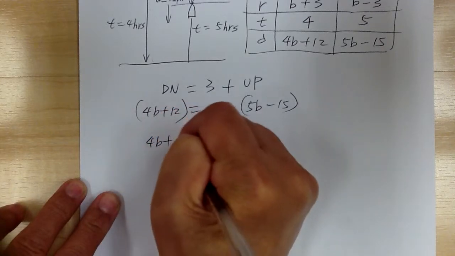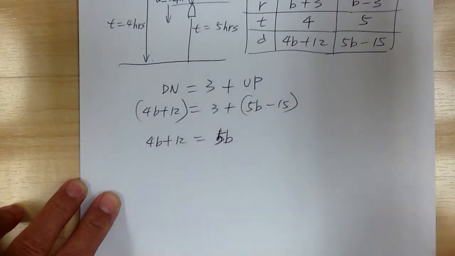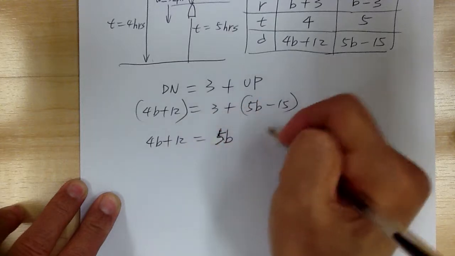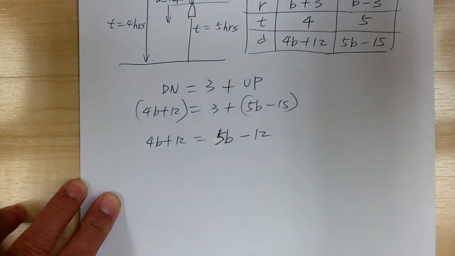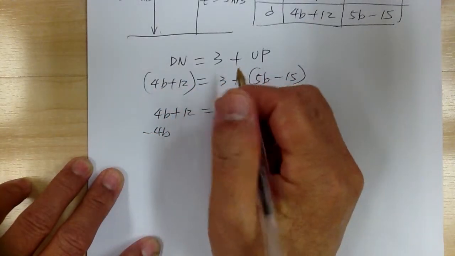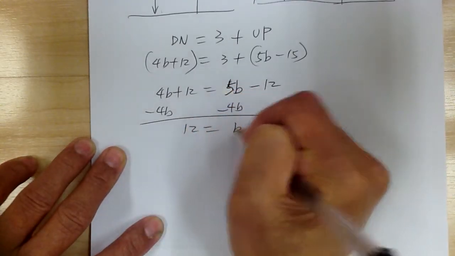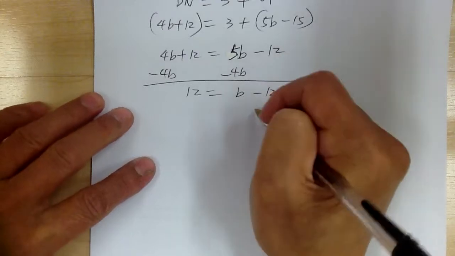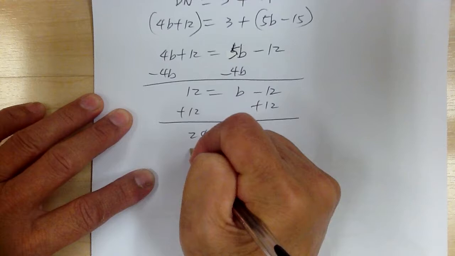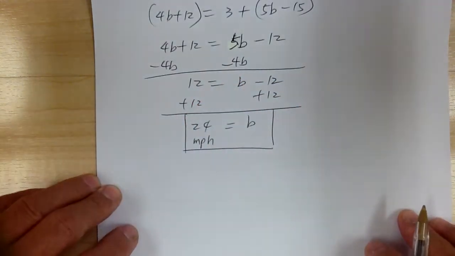So you got 4b plus 12 equal to 5b minus 12. So minus 4b on both sides. You got 12 equal to b minus 12. Then plus 12 on both sides. So you got b equal to 24. And the label will be miles per hour. And that's it for number 14.